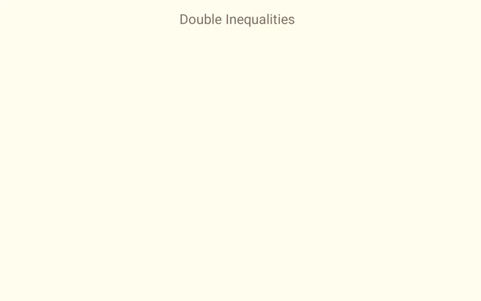The name double inequalities implies that there's two inequalities. So we're going to have a math statement that says something like, we're thinking of a number, and it's less than 6, and the number can be greater than negative 2.